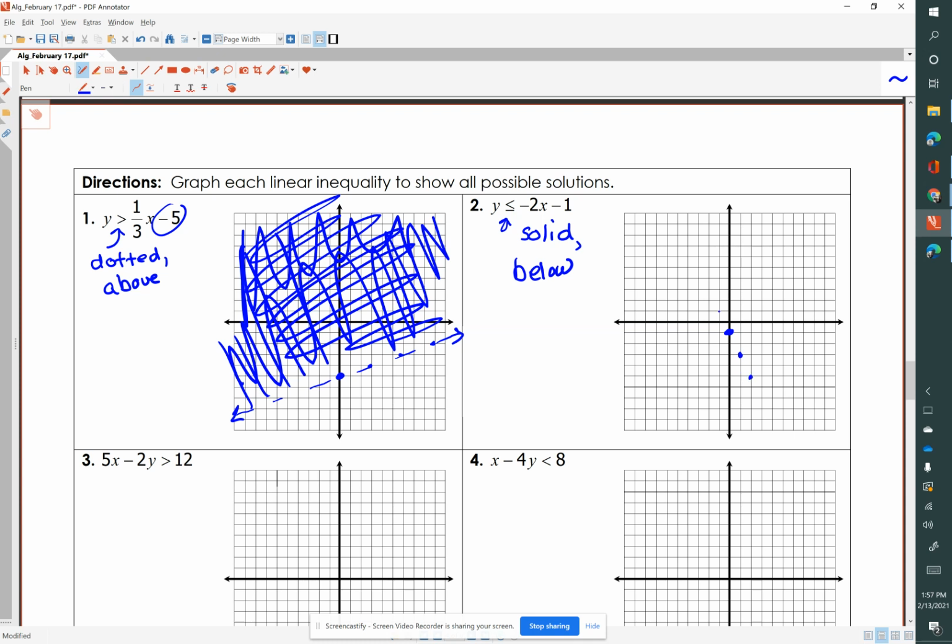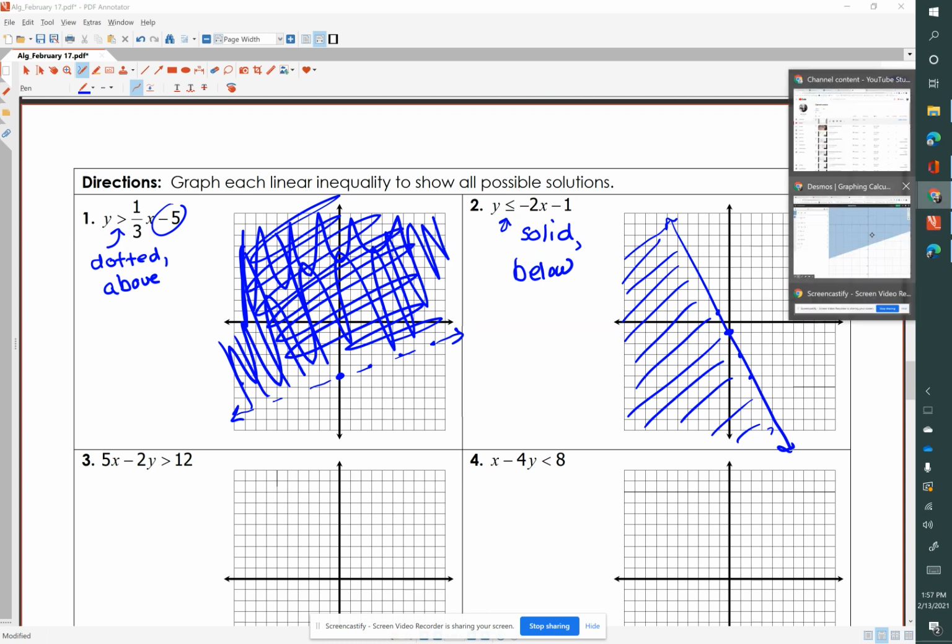And let's draw our line. Put arrows and shade below the line. That's our solution set right there.